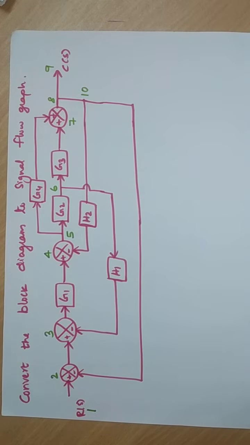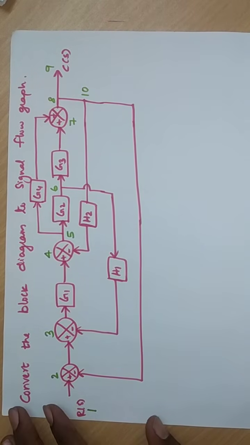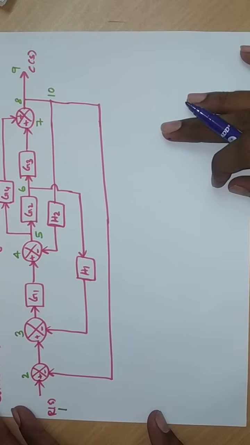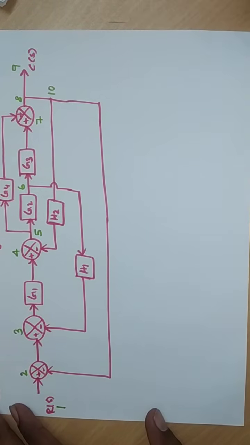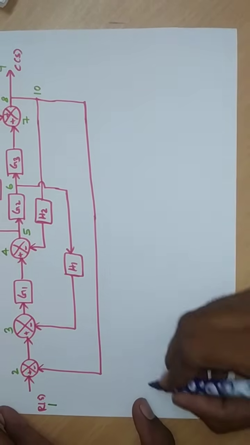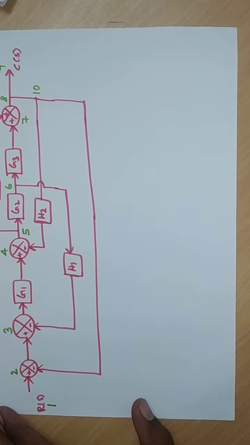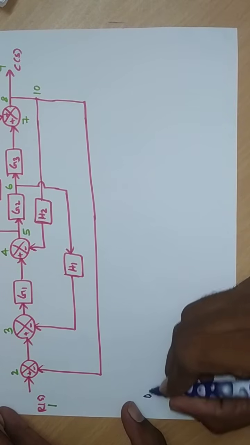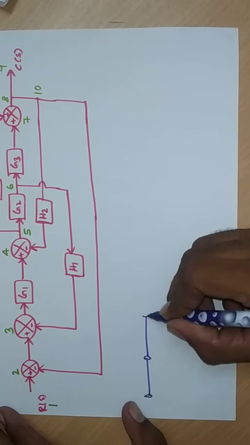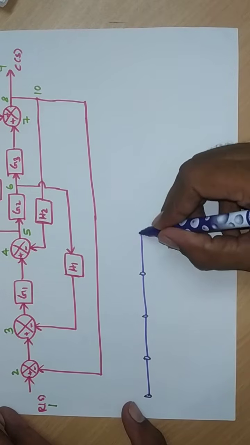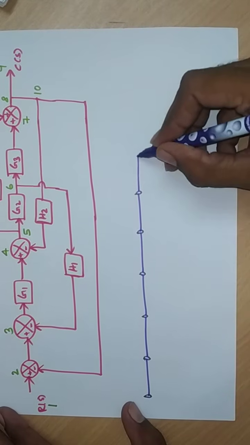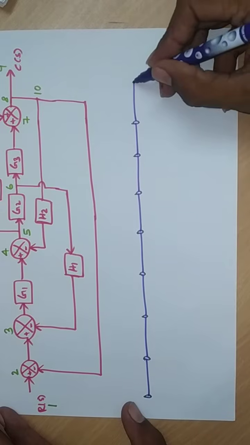In order to convert this block diagram into the equivalent signal flow graph, draw the nodes starting from 1, 2, 3, 4 and 5, 6, 7, 8, 9.